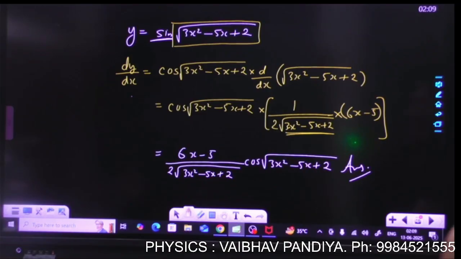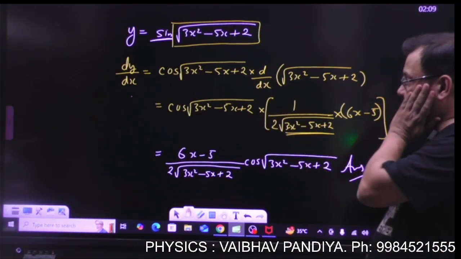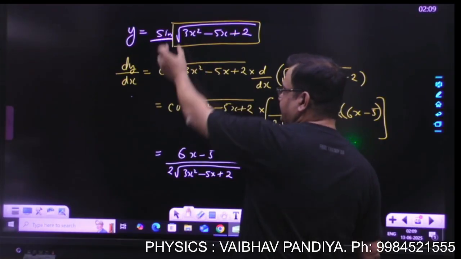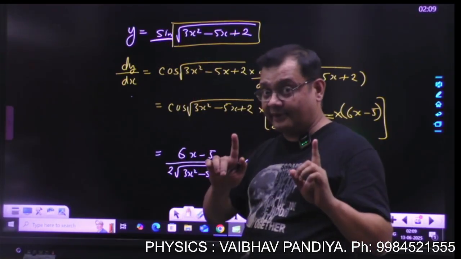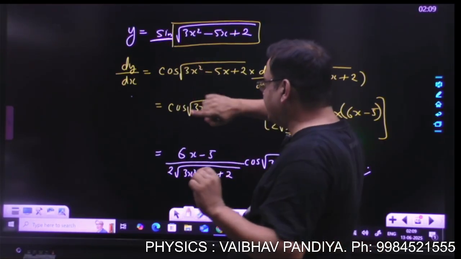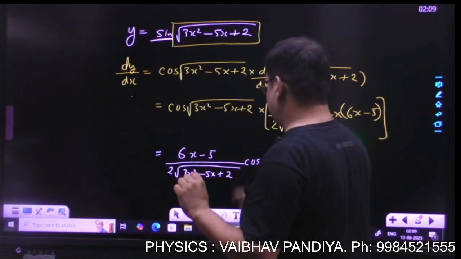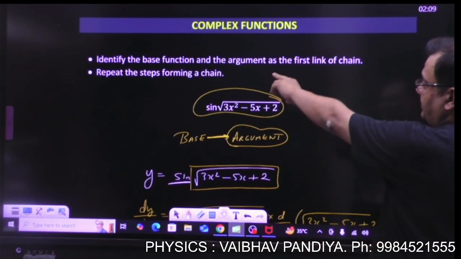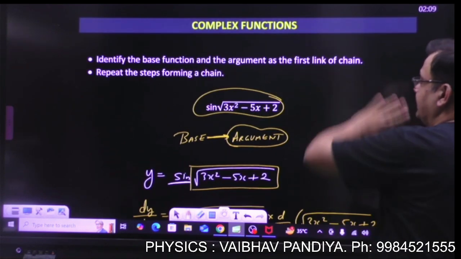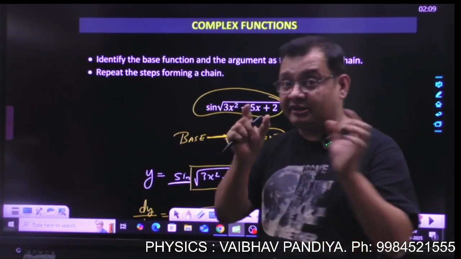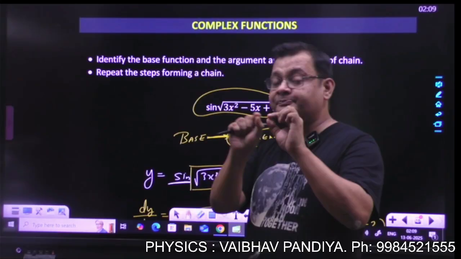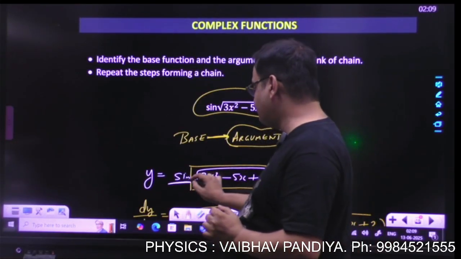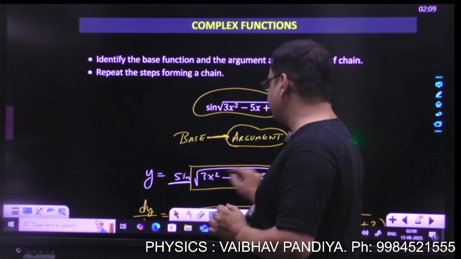See how the links of the chain are formed. Can you see how the links of the chain are formed? First you have differentiated sine, then you have differentiated root. Identify the base function and the argument as the first link of the chain. Here the first link of the chain, the base function is sine, the argument is this root.